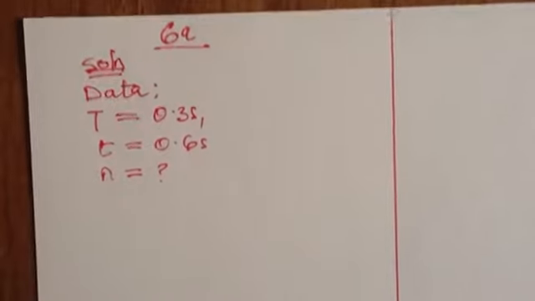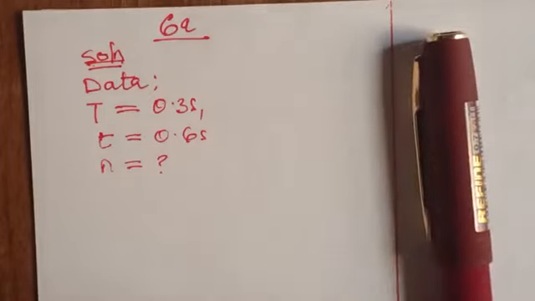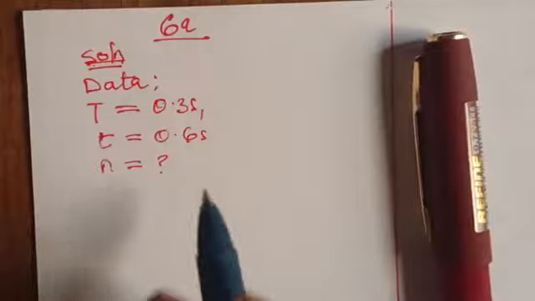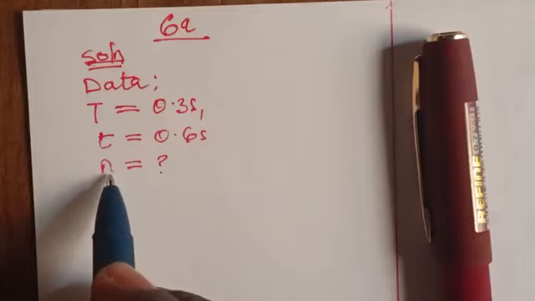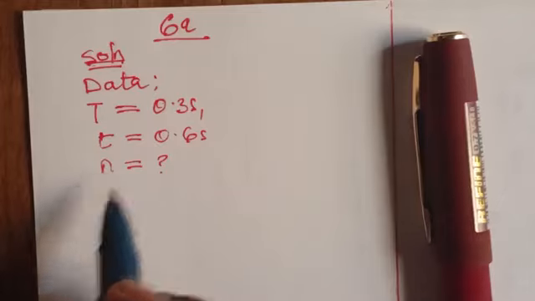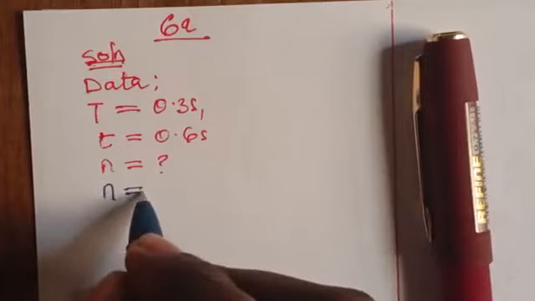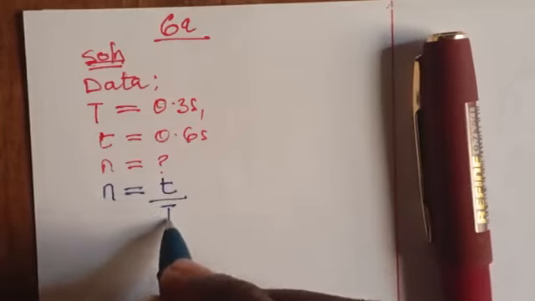And we have to represent this using a displacement time graph. Very simple. But for us to get the number of oscillations, we have this formula: N is equal to time of oscillation all over period.